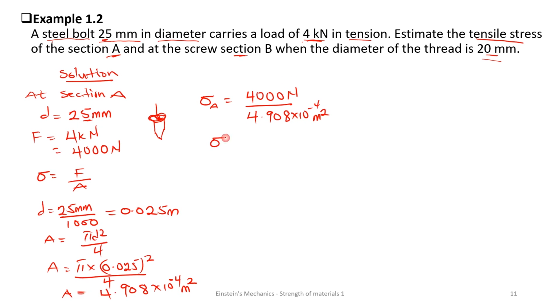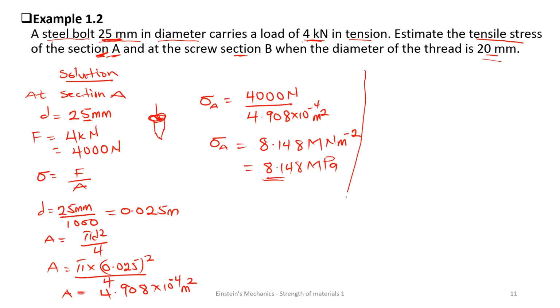So at section A, I'm getting my stress to be 8.148 mega Newton per meter square, or I'm getting 8.148 mega Pascal. So this is the stress the force is inducing at the section A at a diameter of what? 25 millimeters. Are we good?